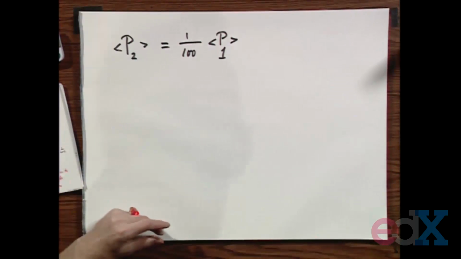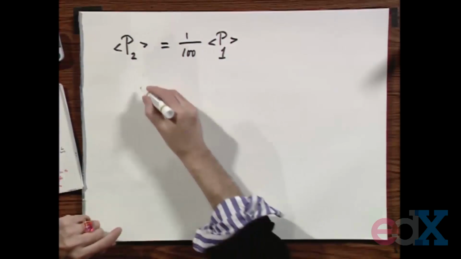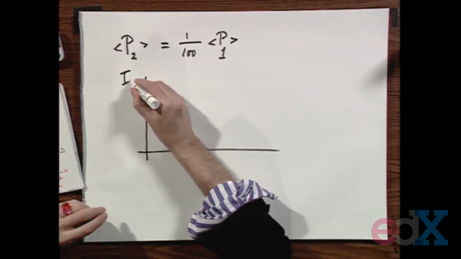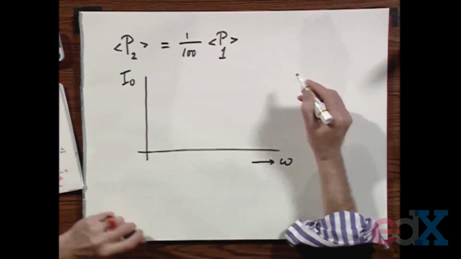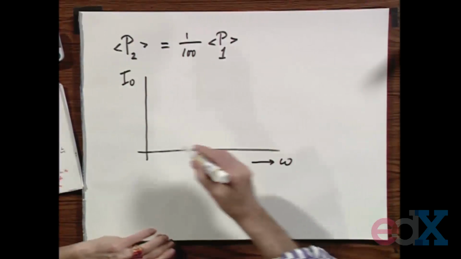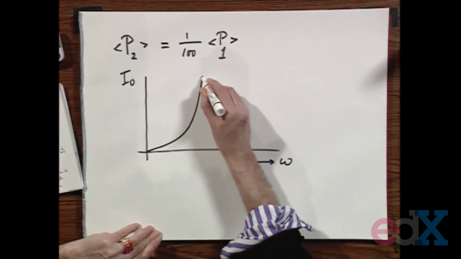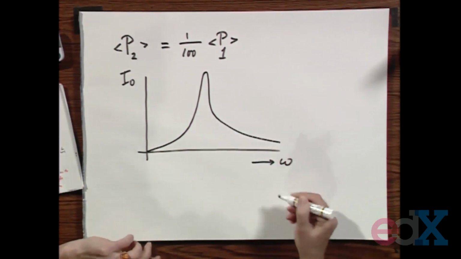I'll put this here because I may need this again. Let us remind you of what the maximum current I looks like as a function of omega for a given LRC circuit. In the beginning this is more or less linear. It flares up, we call that resonance, and then it dies off.